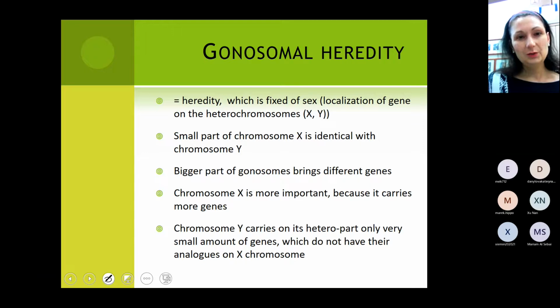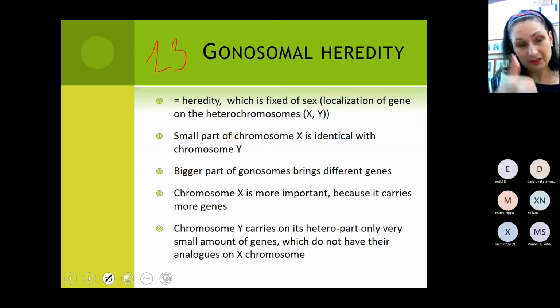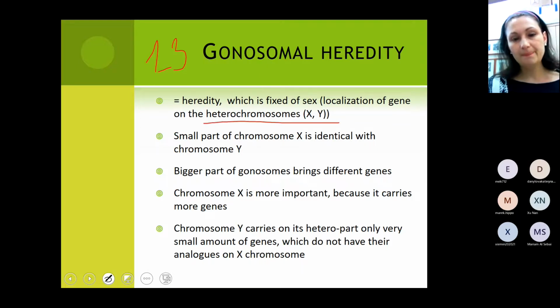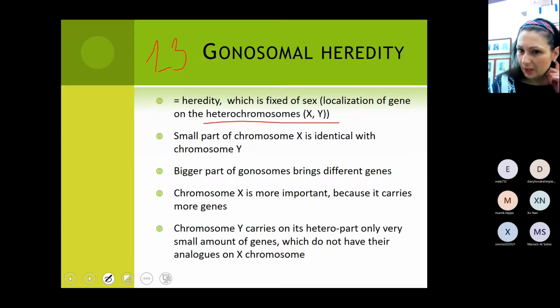In gonosomal heredity, we are talking only about the last chromosome, number 23. We can distinguish two heterochromosomes, X or Y, and that's the problem sometimes, which I mentioned, with some diseases which can be inherited and just observed for the sons or in the male population.